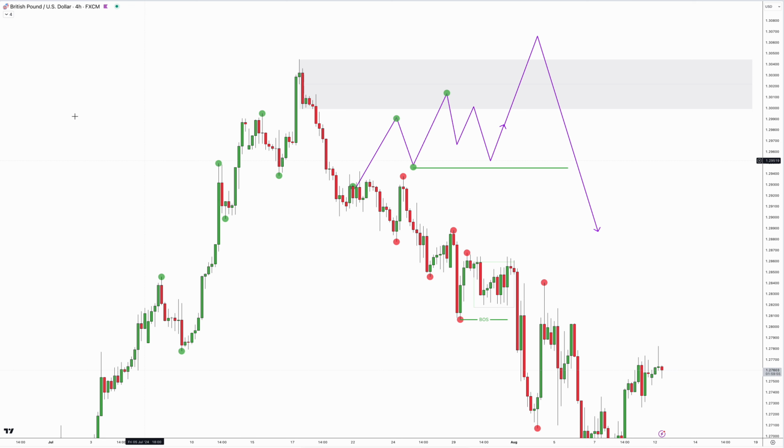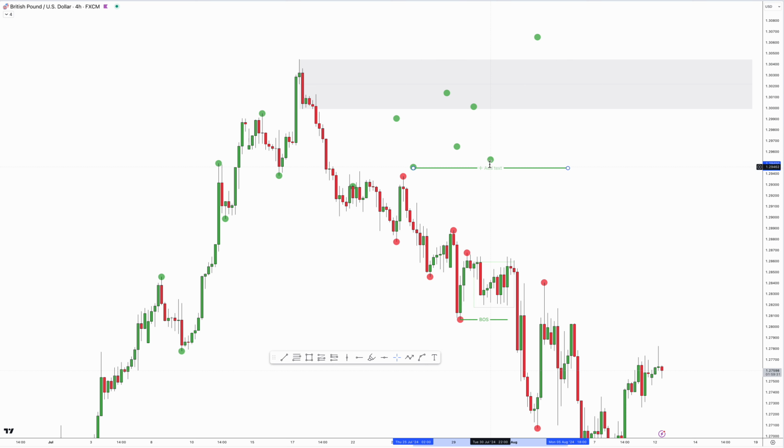You can use the marker tool. Let me just show you. It's the highlighter tool you'll find on the left, and I just use the dots to mark out the structure. It can be very, very effective when you're looking at the market. It can really simplify things for you and take out the noise.